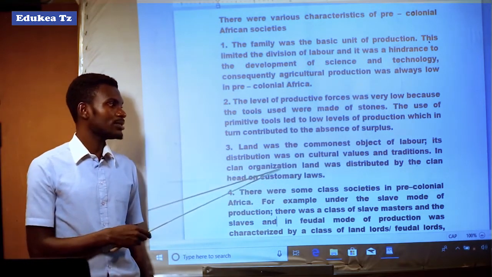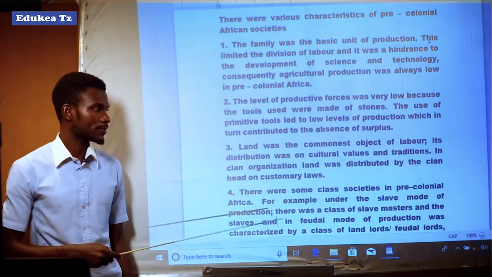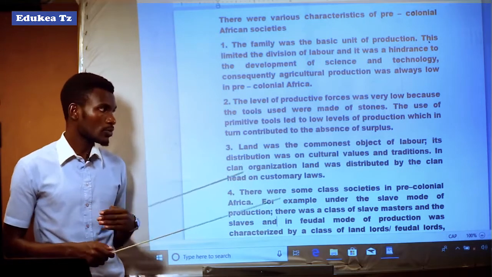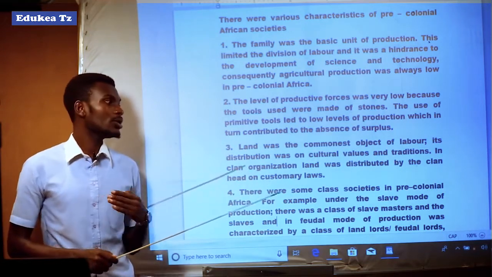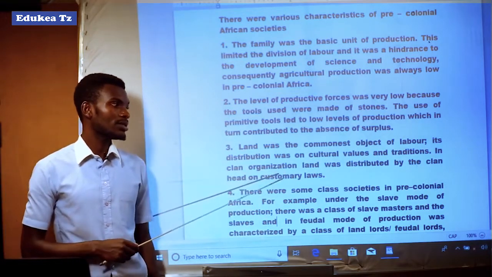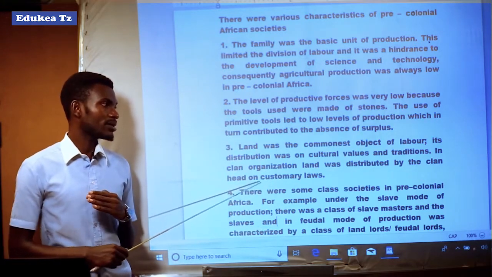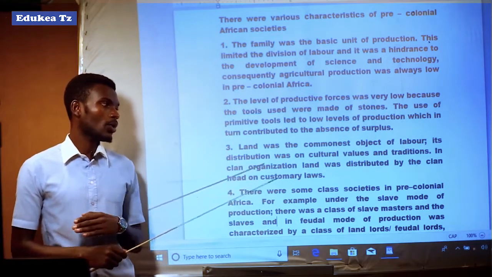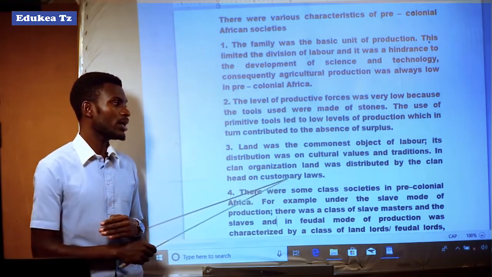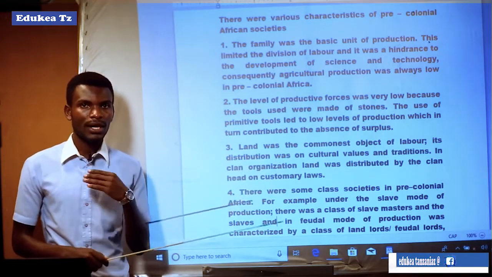In the clan organization, land was distributed by the clan head based on customary laws. These were laws which guided the distribution of land in clan organizations, like among the Maasai.